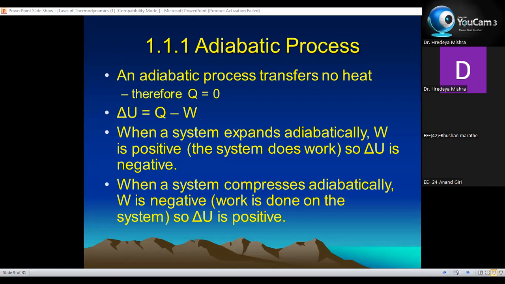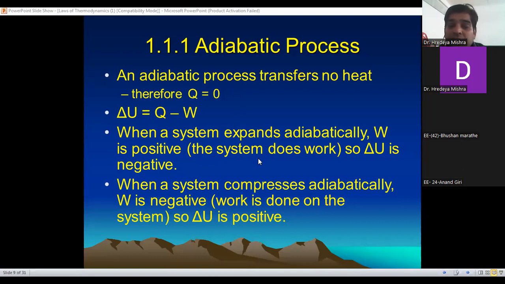Okay, students, what we can do is put Q equal to zero here. Then the change in internal energy is nothing but the work done, in the reverse direction.